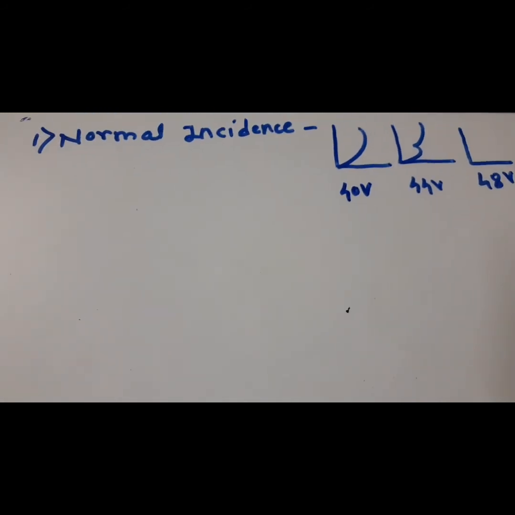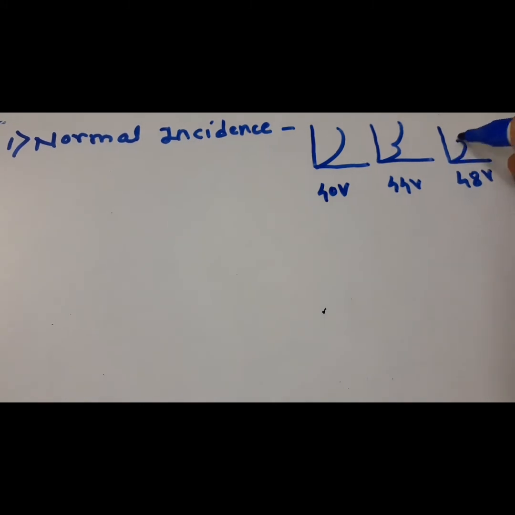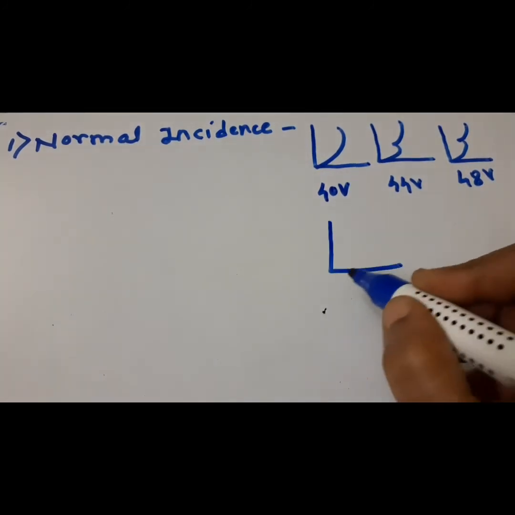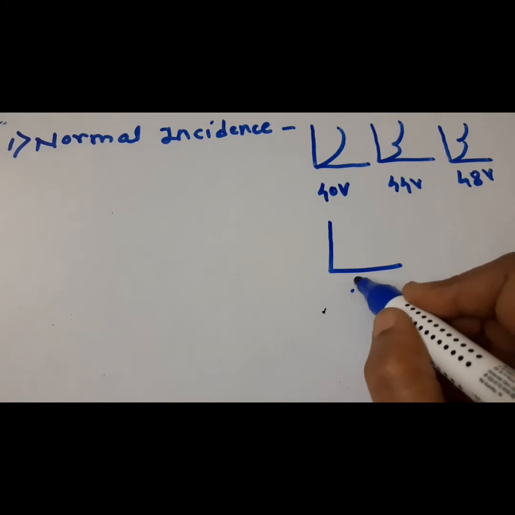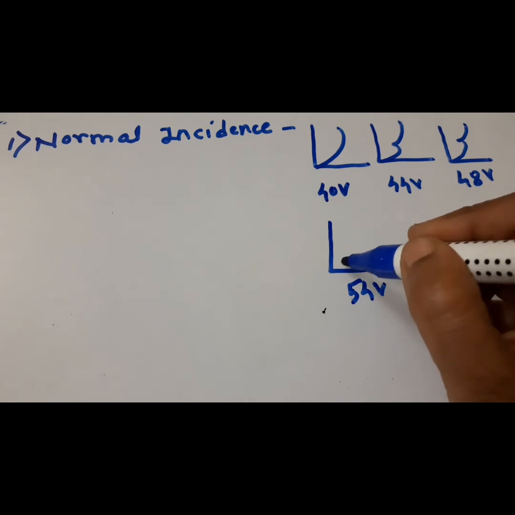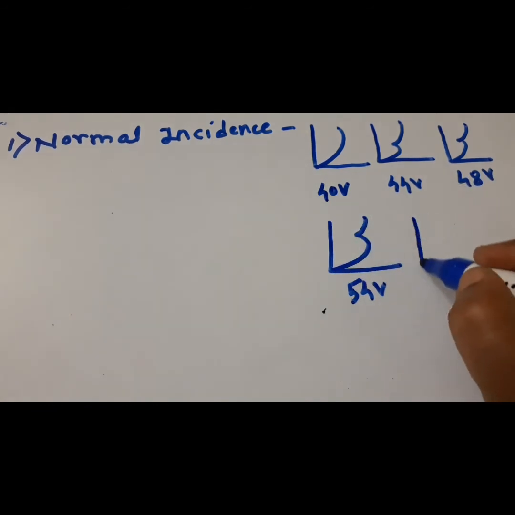The third graph is for 48 volt, then the curve is in this way. The next, fourth graph is plotted for 54 volt, then the curve is in this way.